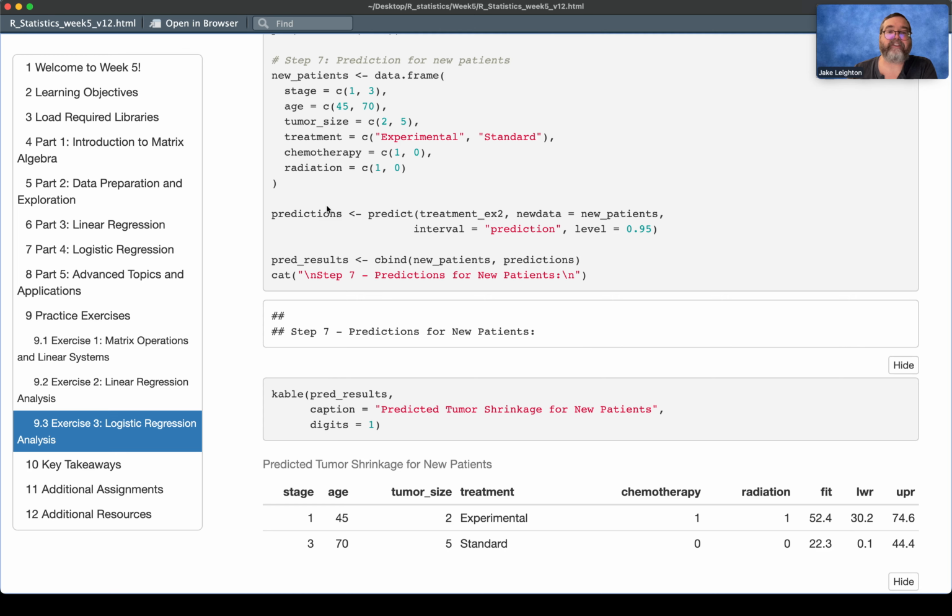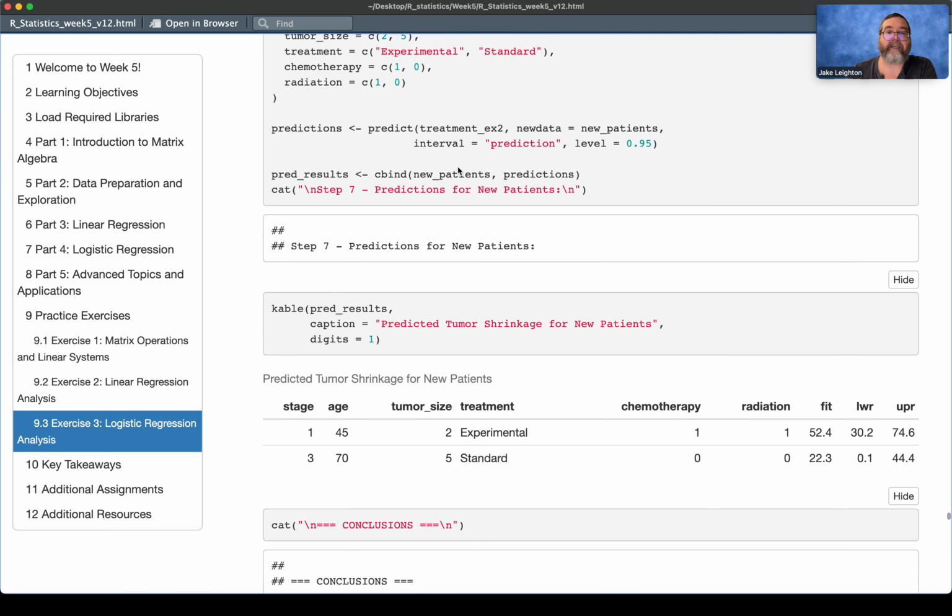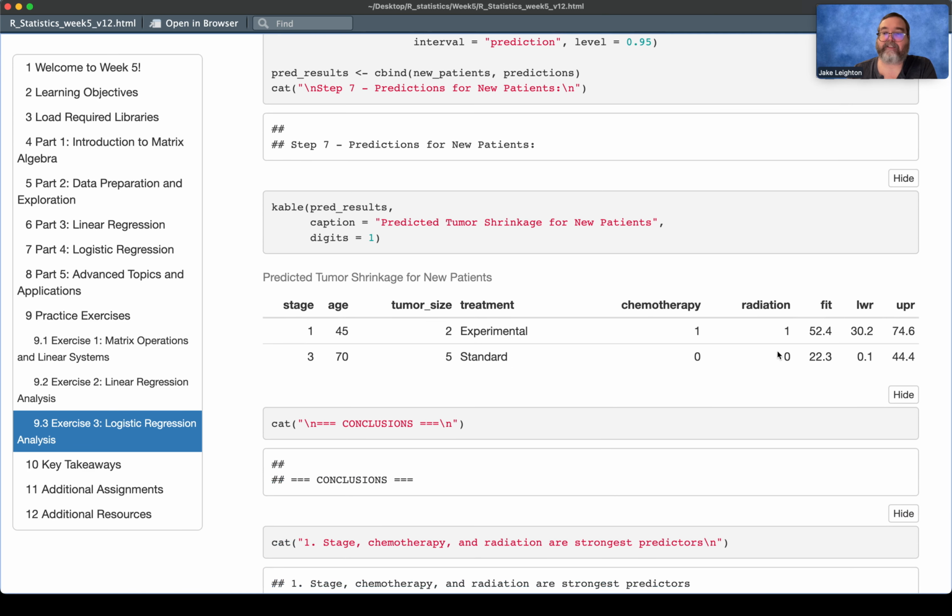We do our predictions and look at them, and we see here in the fit a tumor shrinkage of 52.4 here, and 22.3 here. So for a lower age patient on experimental treatment with full radiation and chemo, we're seeing a really good tumor fit. And we're also seeing a low stage.